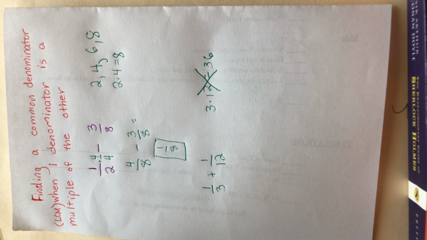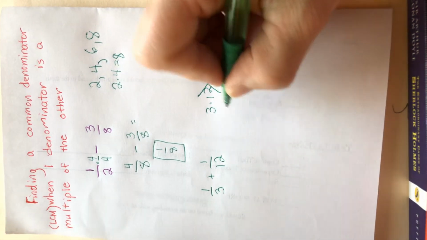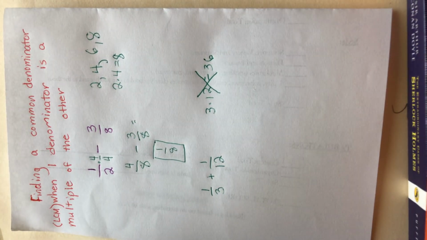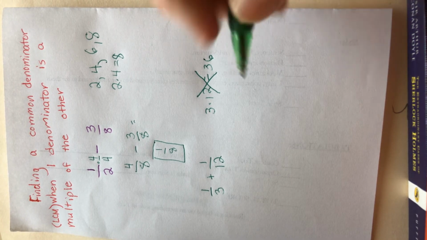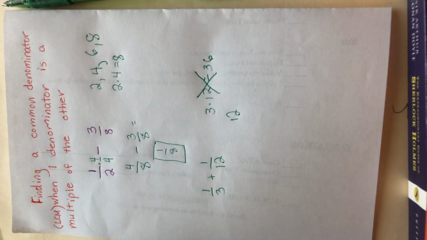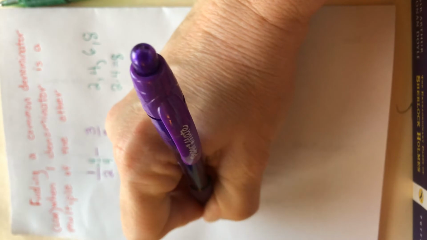So what I'm going to do is if I count by 3's, 3, 6, 9, 12, or if I multiply 3 times 4, then I get 12. So my common denominator is going to be 12. And I will just multiply this by 4 over 4.